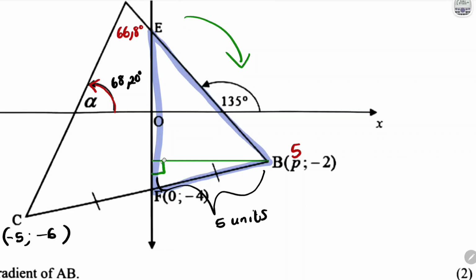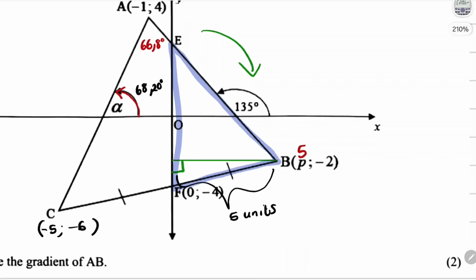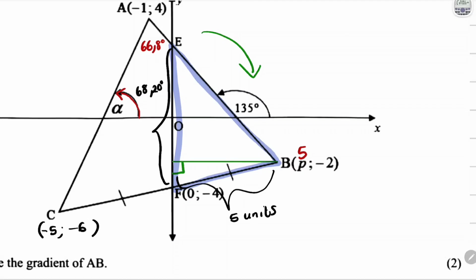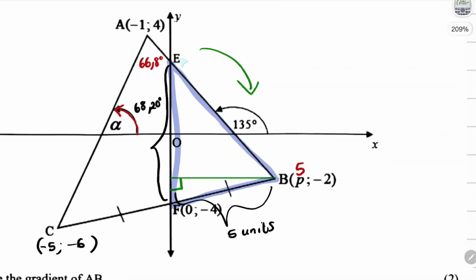As you can see, it's a horizontal line. So we have a height, and then all we would need is a base. The base is E all the way to F. If you say the y value of E minus the y value of F, you will find it. So we can actually use this method.